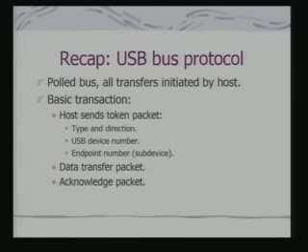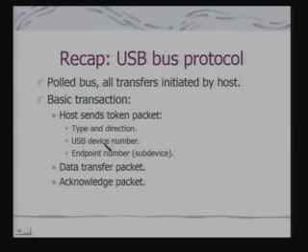So, the USB bus is basically a polled bus. In fact, all transfers are initiated by the host. The basic transaction steps are the following. The host sends a token packet which tells the type of the data transaction that is supposed to take place as well as a direction.